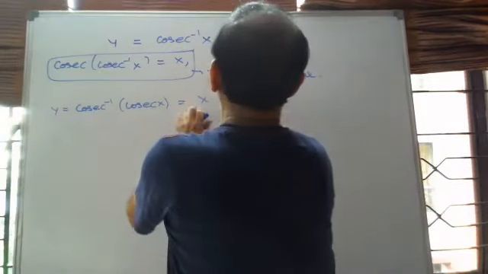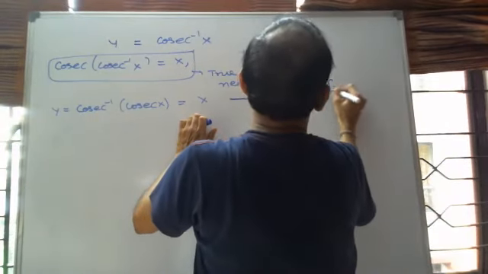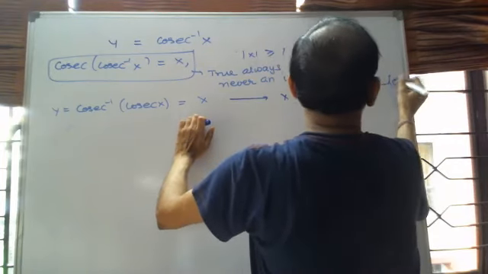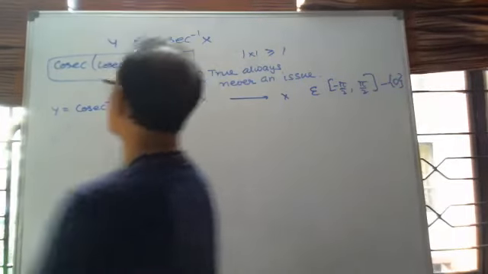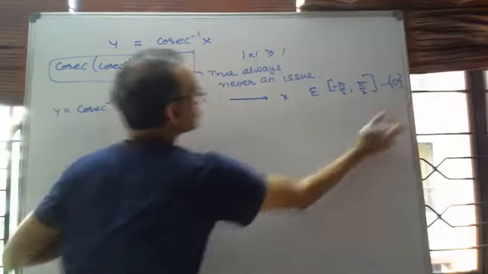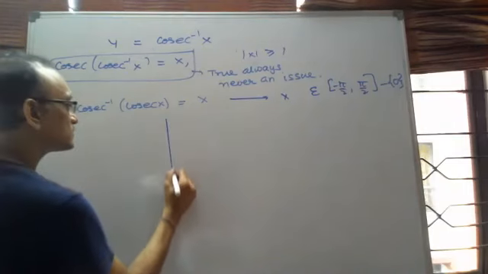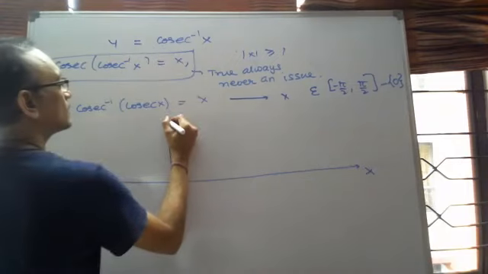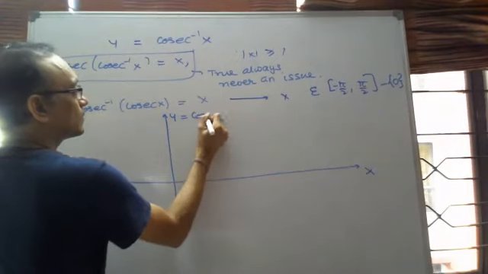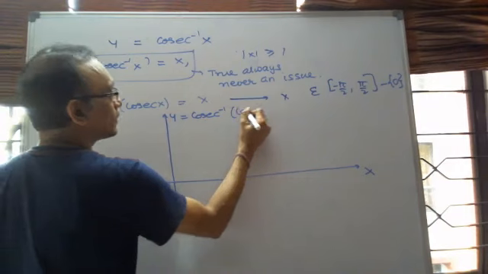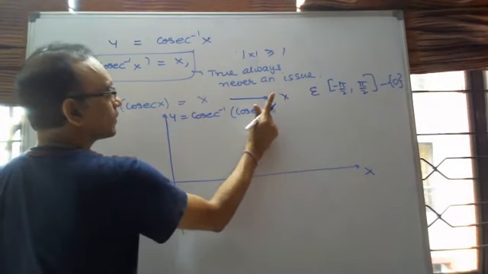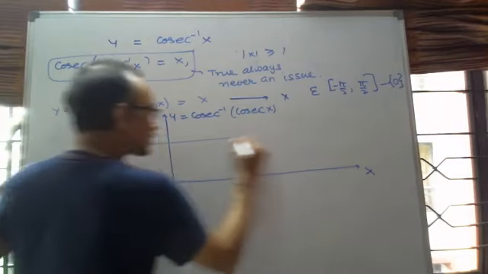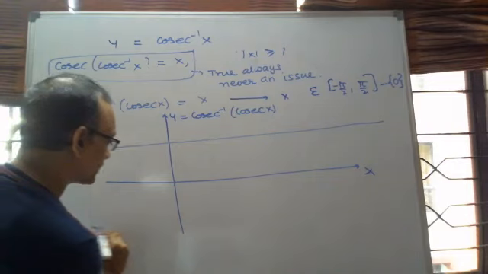This will be y equal to x only when x belongs to -pi/2 to +pi/2, minus 0. 0 is an isolated point here. That means y will be x when x belongs to this. Now look, it is cosec inverse, so whatever the graph is, it will lie between -pi/2 to +pi/2.